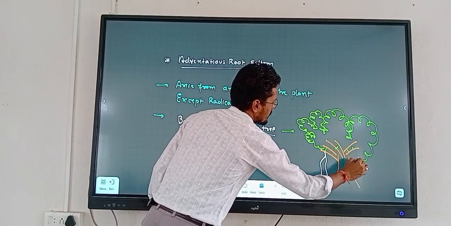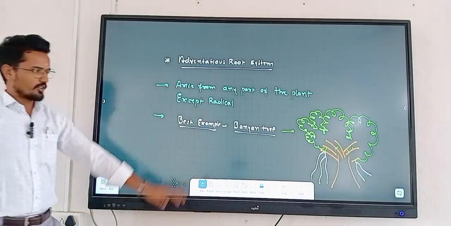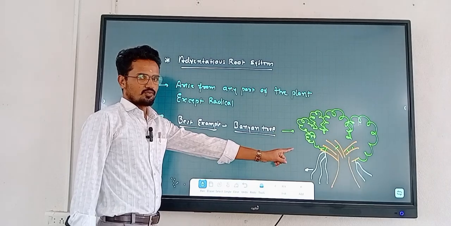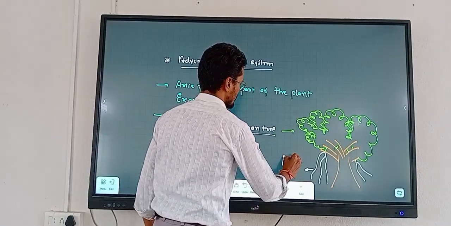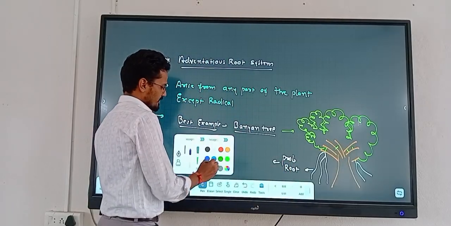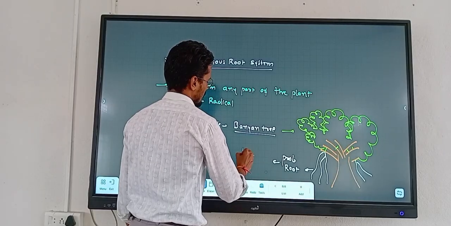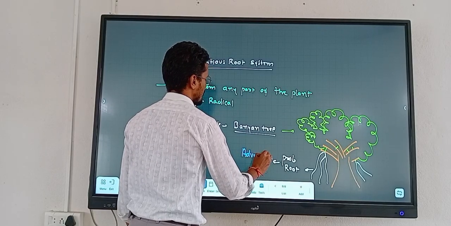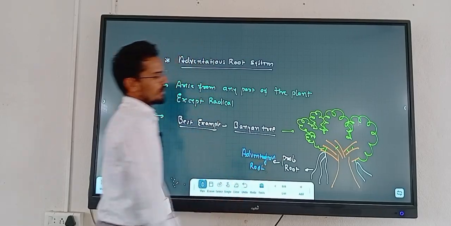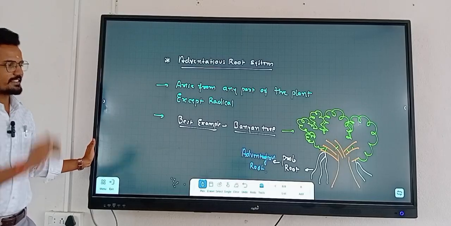In the banyan, they call them prop roots. These trunk-like structures are actually roots. These are called prop roots, and the prop root is the best example of adventitious roots.